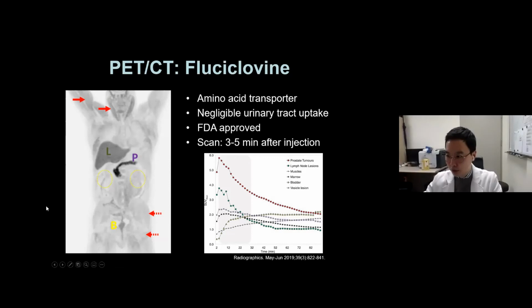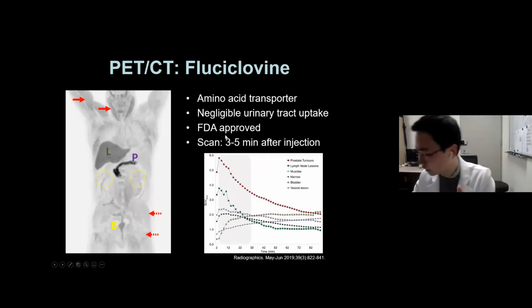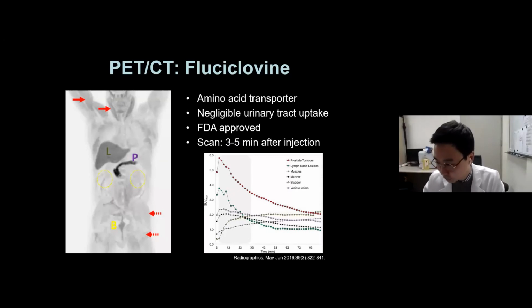An interesting point is when you see the dynamic curve of this fluciclovin, the great difference between muscle and the tumor is achieved at the earliest time point. So the scan time point is very early, at 3 to 5 minutes after the injection.